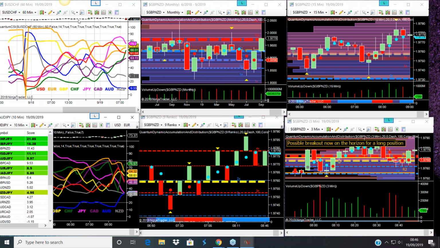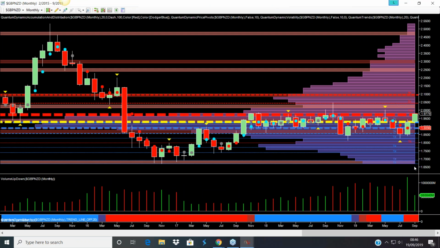Now, the other reason I wanted to finish up on this is the monthly chart. Let's go back to the pound New Zealand, because the indicators for NinjaTrader, because of the way the data is delivered, have allowed us to develop more sophisticated tools. It allows us to leverage the data available on the platform, because ultimately a platform is only as good as you can make it work for you, depending on the data being delivered.